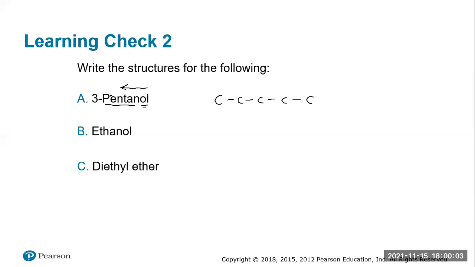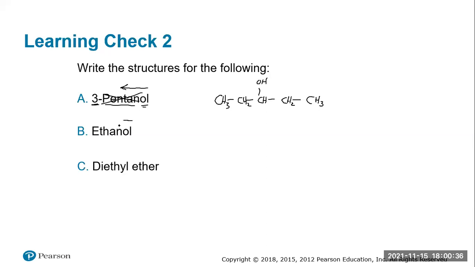OL, alcohol, on carbon number 3. I'm just going to go left to right, and that would be carbon number 3. In this case, either way gets you there. Just like everything else we've done, everything else is going to be hydrogens to get each carbon to 4. So this one needs 3, this needs 2, this needs 1 hydrogen, then a couple, and then 3 in this case. So that would be our 3-pentanol. Any questions on that one?